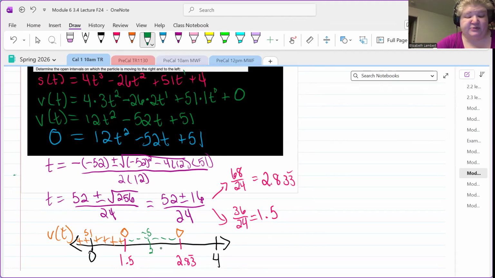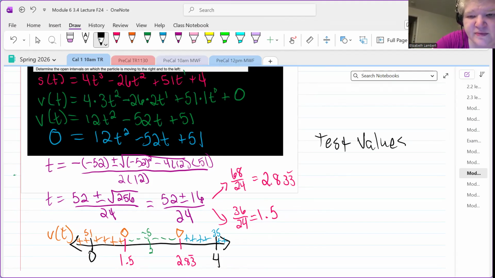So I'm going back in and I'm changing my 2 squared and my times 2 to 4 squared and times 4. And so over here, I'm getting a value of positive 35. So everything here is positive, even past the 4. So let me just write that to the side to be a little more explicit about what I just did. I figured out that the velocity at 0 was 51.